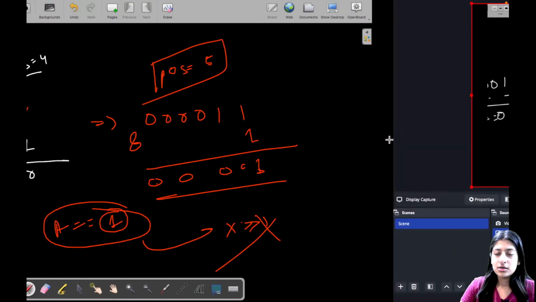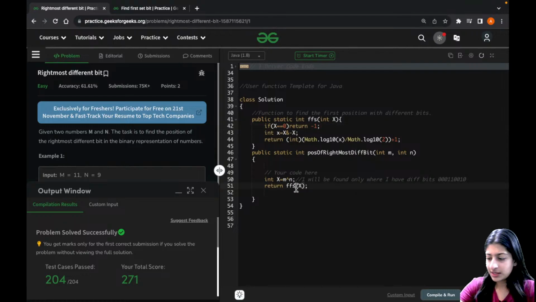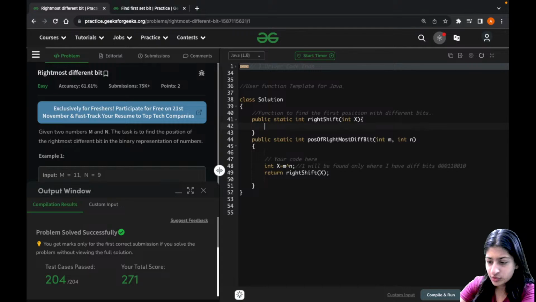Okay. So we can write this code also. Again, same thing. Just make it right shift and you are passing XOR only. So this right shift, small r, is taking the XOR of M and N and I am initializing position with 1 initially, position equal to 1.